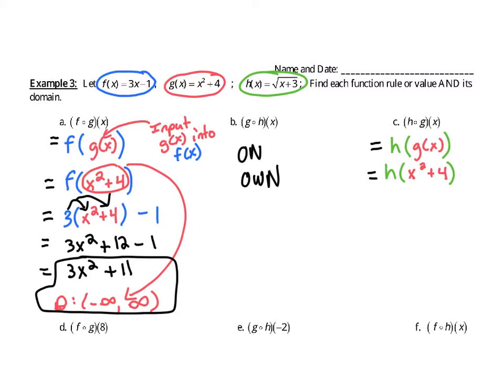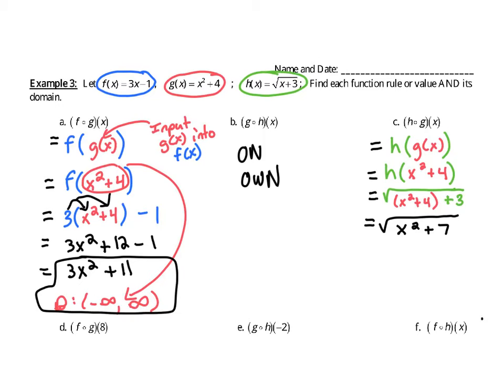Once again, I begin by rewriting it in a function form that is probably a little more user-friendly. Now, notice that g of x, once again, is our input function. Next, I will replace g of x with x squared plus 4, and hopefully it makes sense that you will plug x squared plus 4 into the function h.